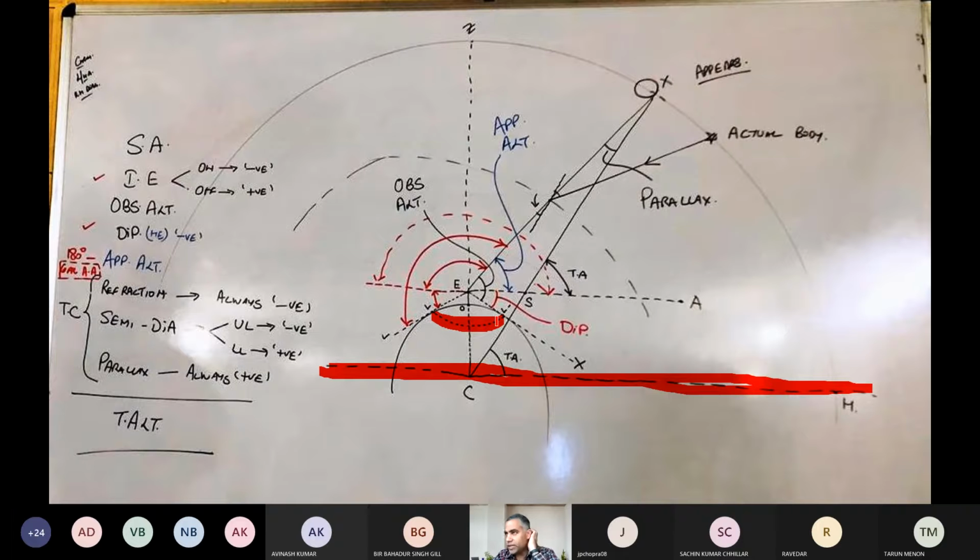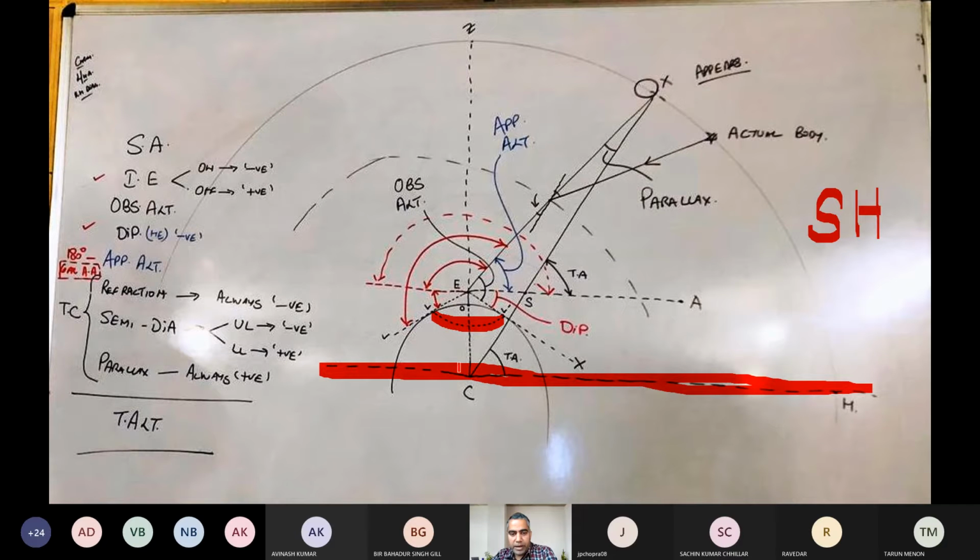Now there is a third horizon also which we consider in these problems. The third horizon is known as sensible horizon. Okay? Sensible horizon. What is this sensible horizon? Sensible horizon is basically a plane which is passing from the observer's eye and which is parallel to the rational horizon.